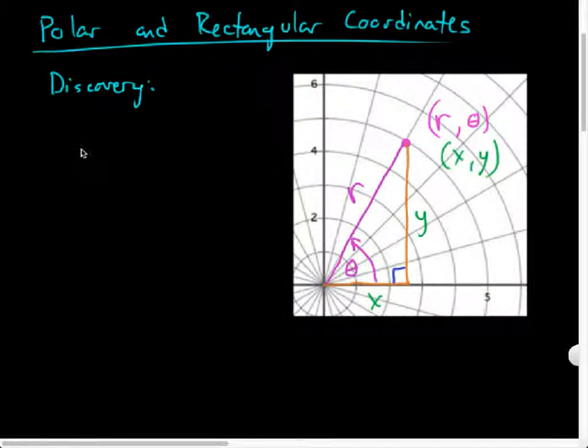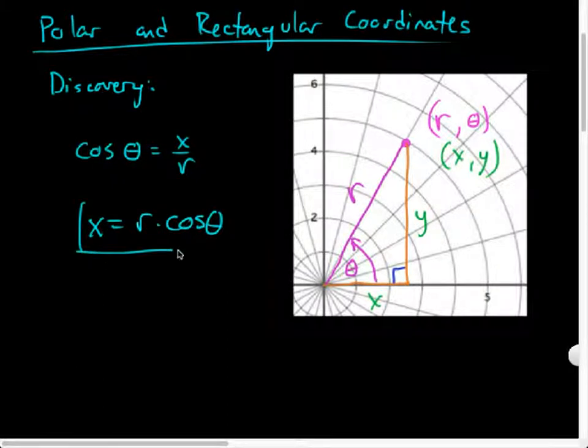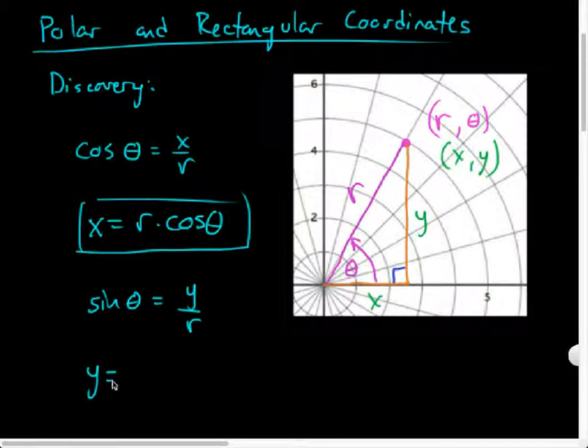Adjacent to hypotenuse? That is so cosine. So x would equal r times cosine theta. That would be a conversion formula to go from rectangular x to r and theta. Similarly, y is the opposite leg over here, and r is still the hypotenuse. So sine theta equals y over r, and therefore y would equal r times sine theta.